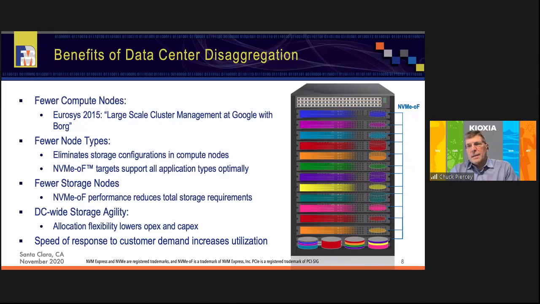In addition, the flexibility and the ability to quickly provision to different customer needs will increase overall storage utilization. So net-net, you get a significant reduction in total resource requirements, number of servers, and you get a significant reduction in total flash media required because you're able to share those high-density flash media.